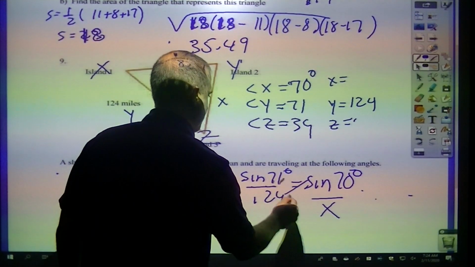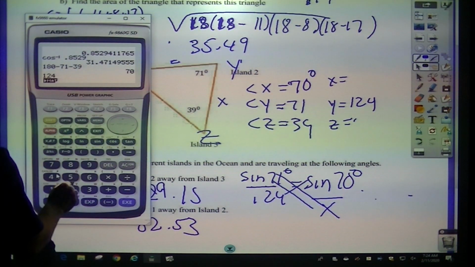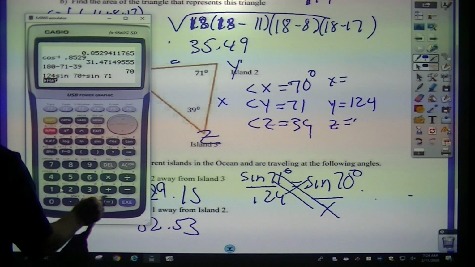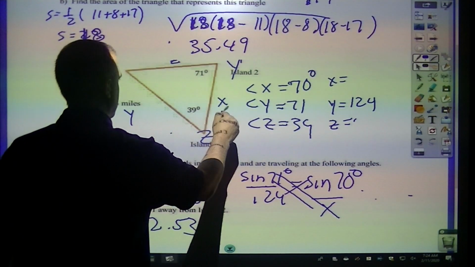This comes up, that goes down, that comes up. So I get 124 sine of 70 divided by the sine of 71, so this x amount would be 123.2.